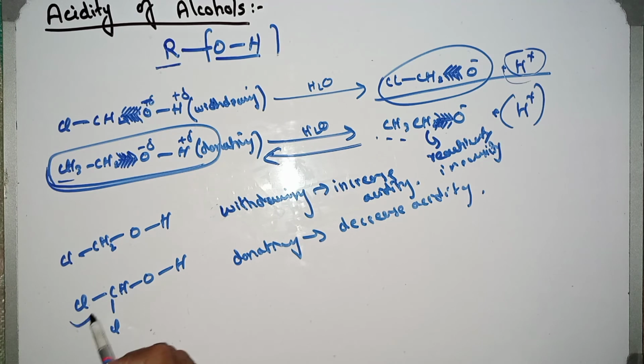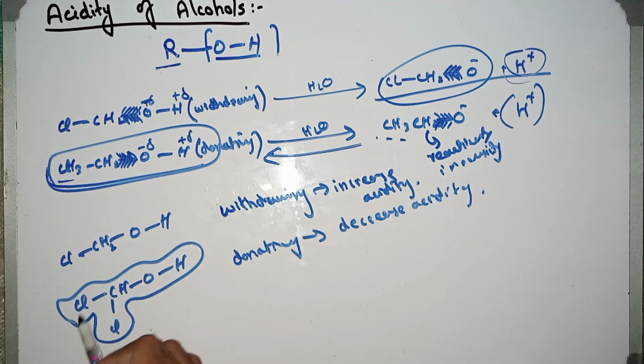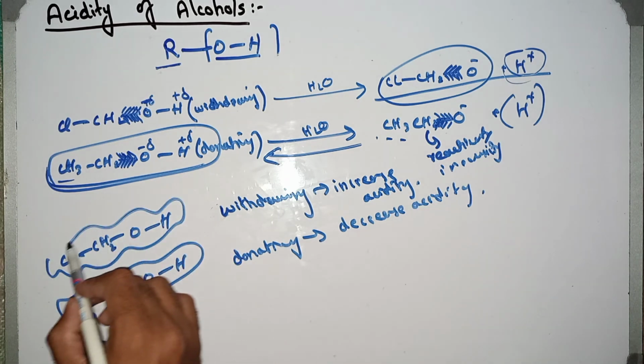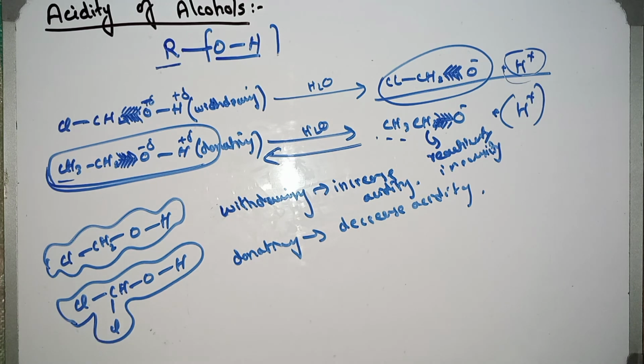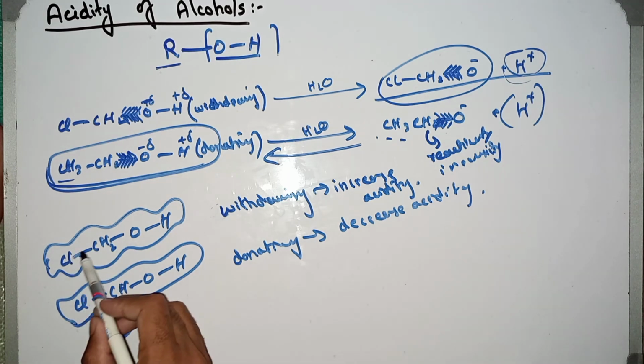In both cases, in one case one chlorine is attached, while in the other case two chlorines are attached. In both cases an electron withdrawing group is attached, but in the second case there are more electron withdrawing groups, while in the first case fewer are attached.